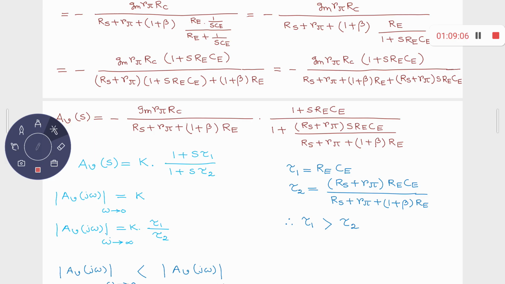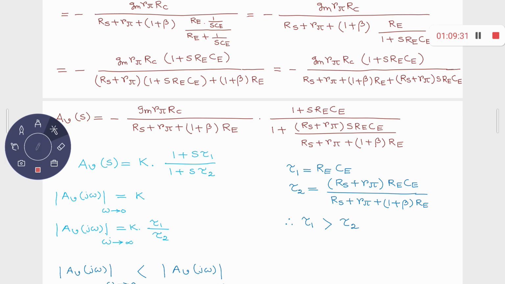Ultimately, your job is to design some amplifier. At very low frequency, at DC, the gain is k. And when the frequency of operation is very large, it is k into tau 1 by tau 2. So you have to ensure that this tau 1 by tau 2 is greater than 1, and that is already validated over there. Why?